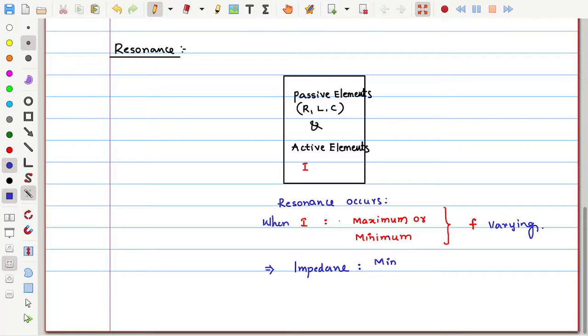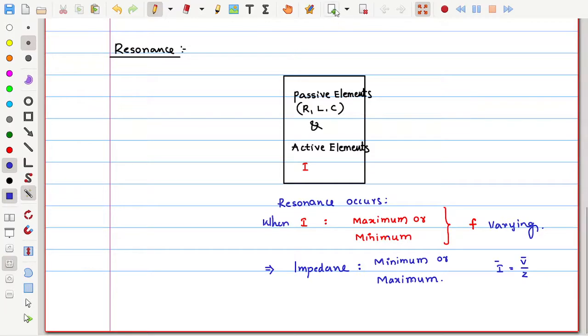If the current is going to the maximum, the impedance goes to the minimum, or if the current is going to the minimum, the impedance goes to the maximum. Why? Because the current we had written previously as voltage divided by impedance. If the current is maximum, obviously the impedance is minimum. If the current is minimum, the impedance is maximum. So we can say it either in terms of the current or in terms of the impedance. This is the resonance situation.